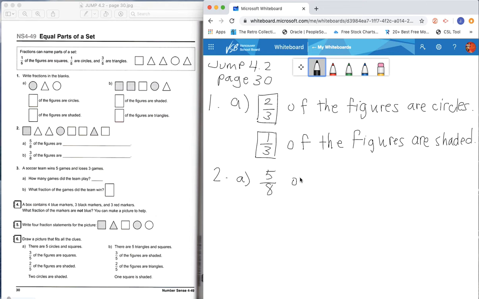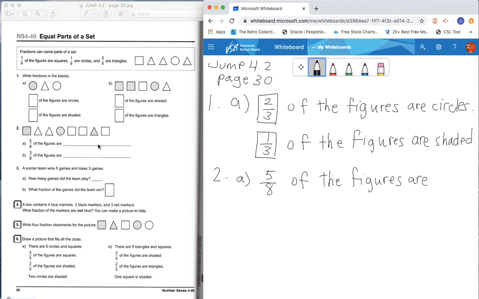Number 2A. 5/8 of the figures are blank. So we need to look at what has 5 shapes. Like 5 shapes unshaded, 5 shaded, 5 squares, 5 circles, 5 triangles. So let's see. There are only 3 triangles, 1 circle. How many squares? 1, 2, 3, 4.